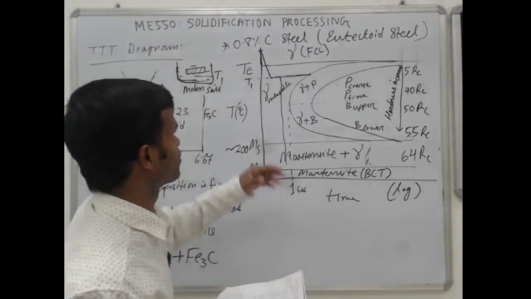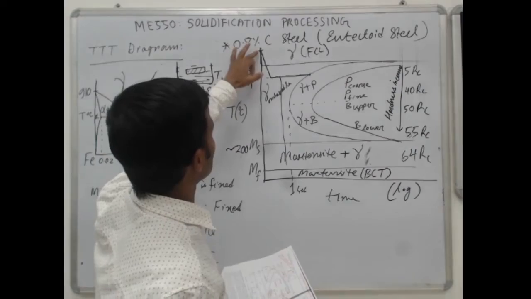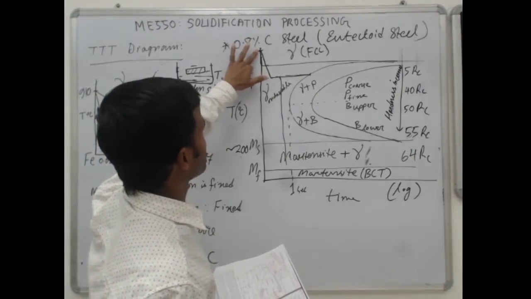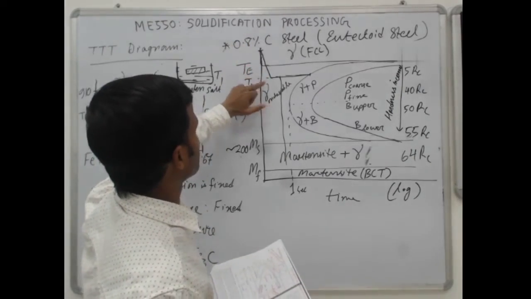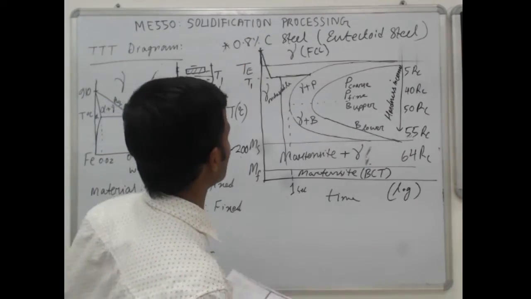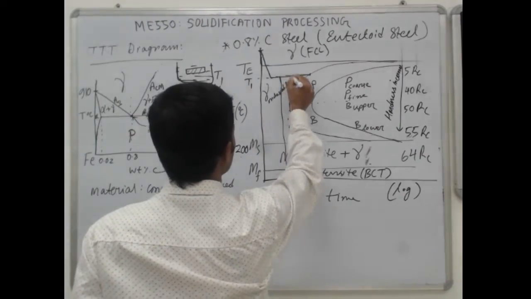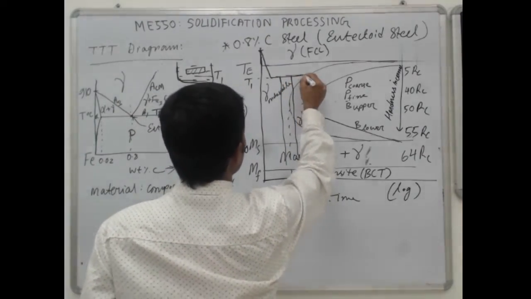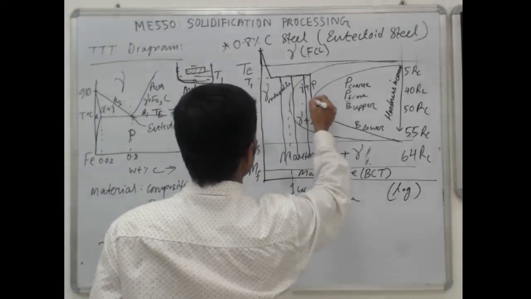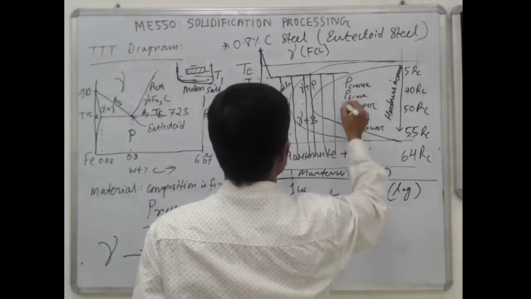Nowadays you have very sophisticated furnaces. You have a material at austenitic temperature, you cool it to a particular temperature, hold it for different amounts of time, and then you quench it. Say from here you quench, from here you quench, from here you quench. So like this you go on doing this quenching experiment.